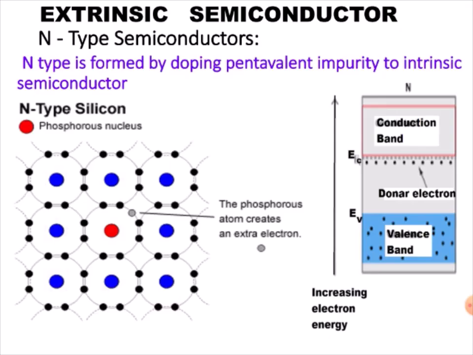Let's see the extrinsic semiconductor. We can divide it into n-type semiconductors and p-type semiconductors. In short, extrinsic semiconductors can be classified into two: the first is the n-type semiconductor and the second is the p-type semiconductor.